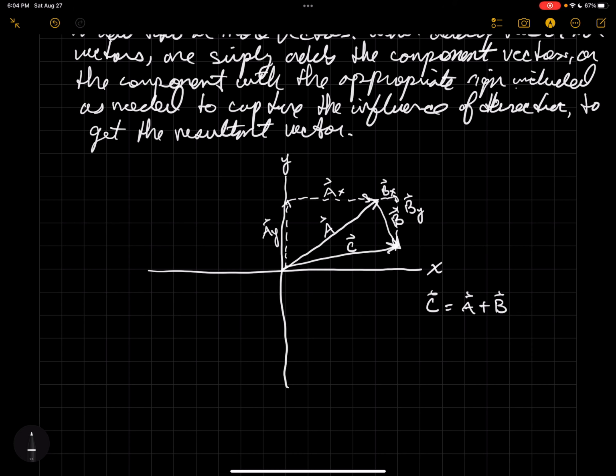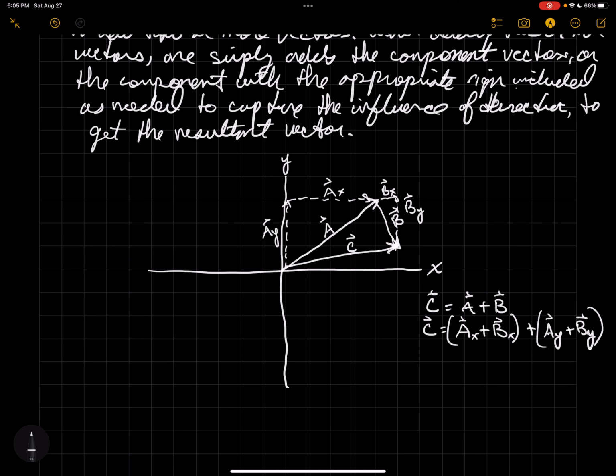And by adding the similar component vectors to each other, we can determine the resultant vector C. And so vector C would be component vector AX plus component vector BX, plus component vector AY plus component vector BY.